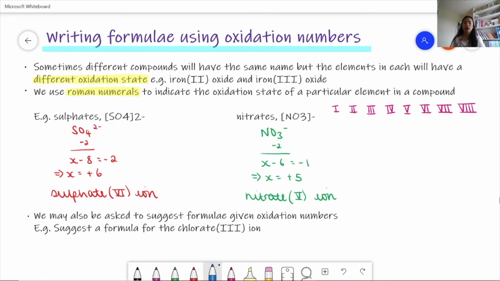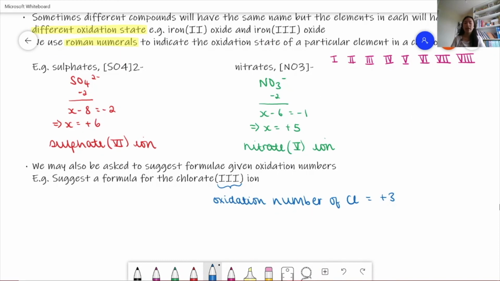And so we know, because this is the Roman numeral for 3, that the oxidation number of this chlorine in this chlorate ion is equal to +3. And we know this ion has to be negative because it only contains chlorine and oxygen. And so we just need to add enough oxygen to make this ion negative.